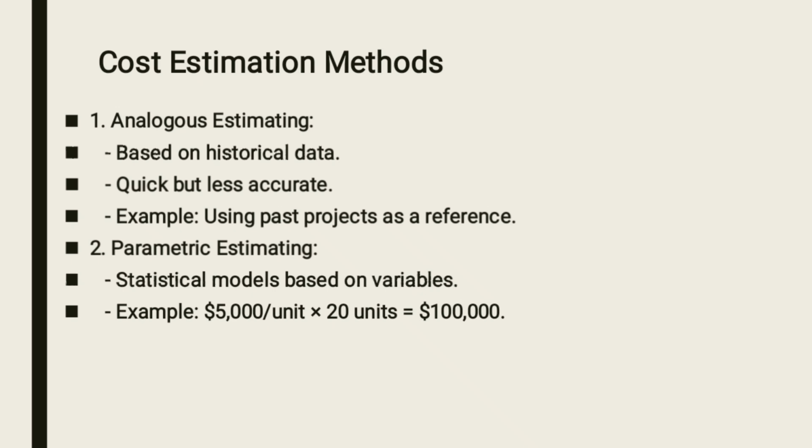Then you are saying that for each house, the total cost for constructing a single house, let's say it is $5,000, right? And you are supposed to construct 20 units or 20 houses, right? So for you to calculate using parametric estimation, you simply say $5,000 multiplied by 20 units, which is giving you around $100,000.